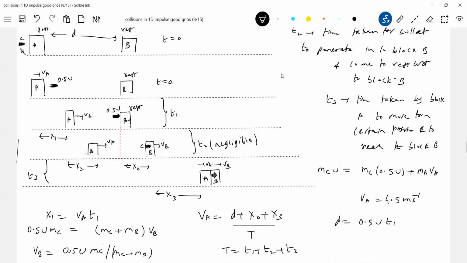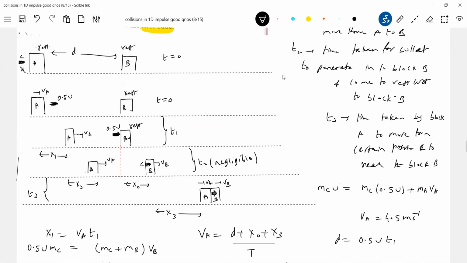What next? How to get all the other unknown things? Time taken by block A from the first diagram to the last diagram. What is the distance moved by block A? d plus x0 plus x3.